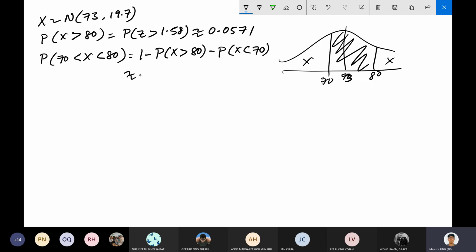So you end up with about 0.0571 minus 0.2483. So you get about 0.6946. So this is for question 2.